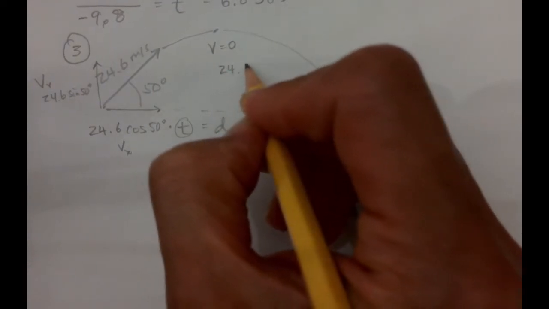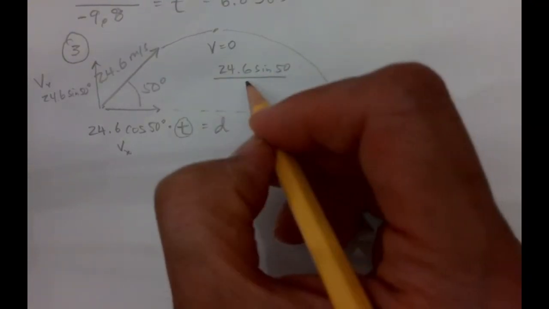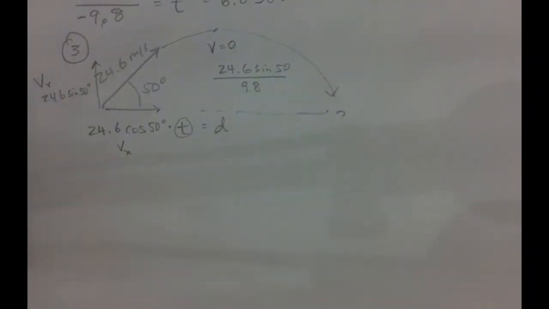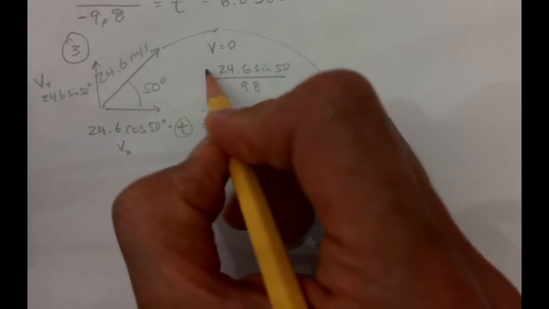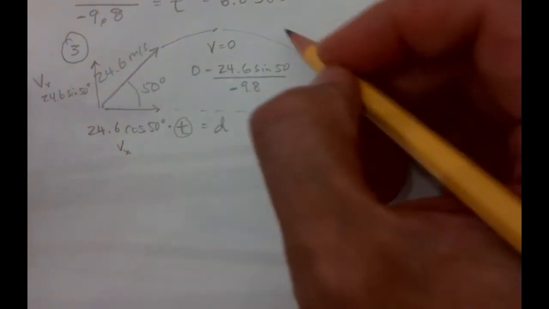So 24.6 sine 50 over 9.8. And let's make both of those negative, because this should be 0 minus that.